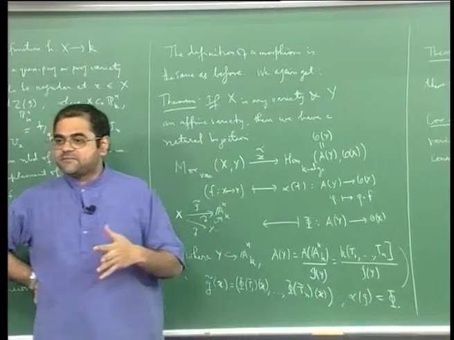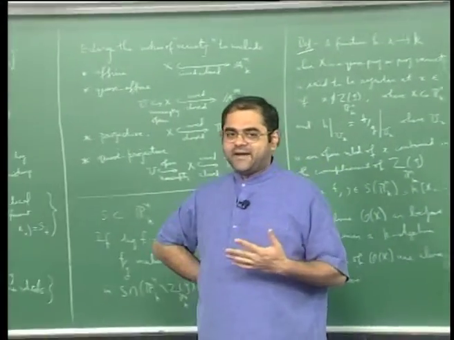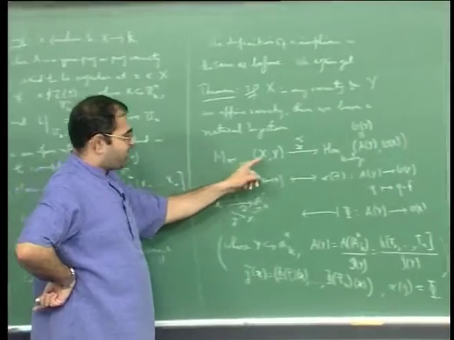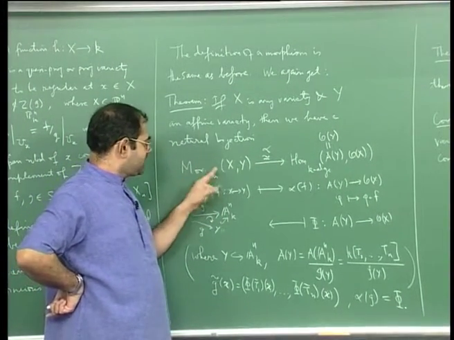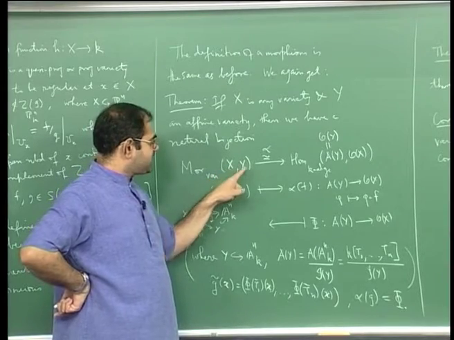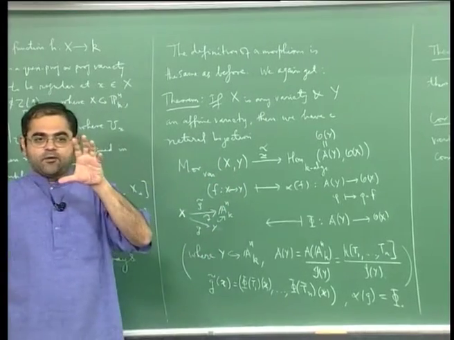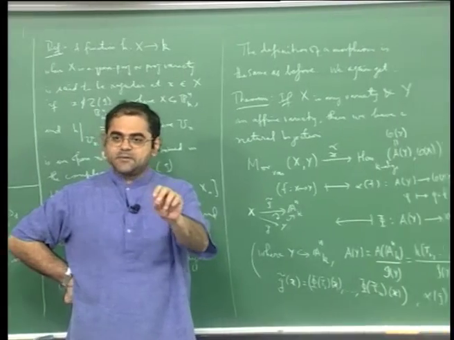But the maximal ideals of AY correspond to points of Y, and therefore the only morphism from a projective variety to an affine variety will be the constant map whose image is a single point.